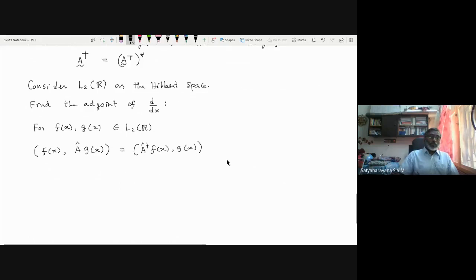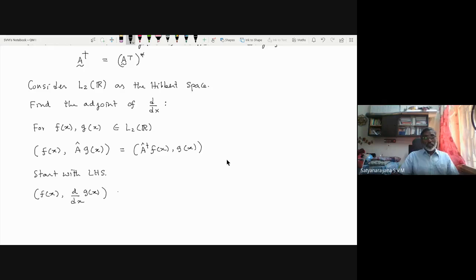Now start with the left hand side, LHS. That is, you have f of x comma d by dx of g of x.